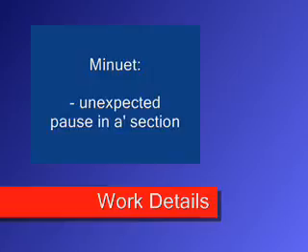So in terms of ideas and their procession, it's absolutely regular. But if you take a look at the description of these musical ideas given to the right of them, you will see that there is an unexpected pause in the A' section.